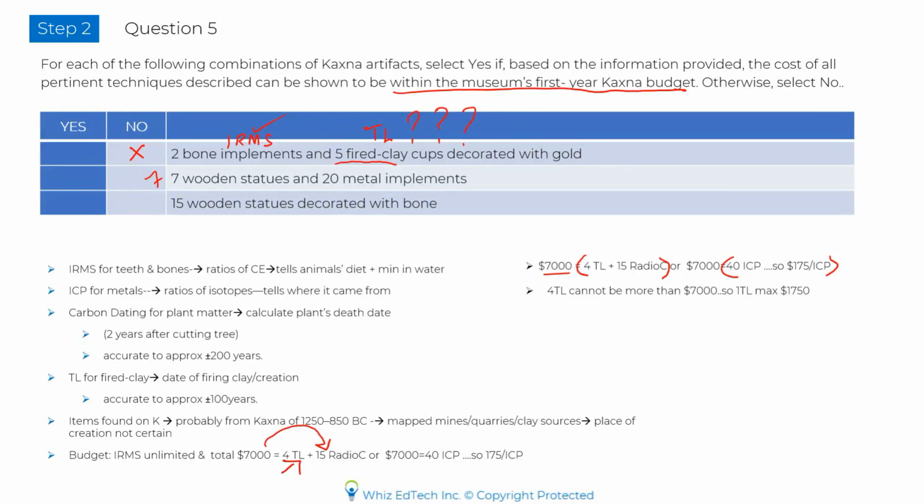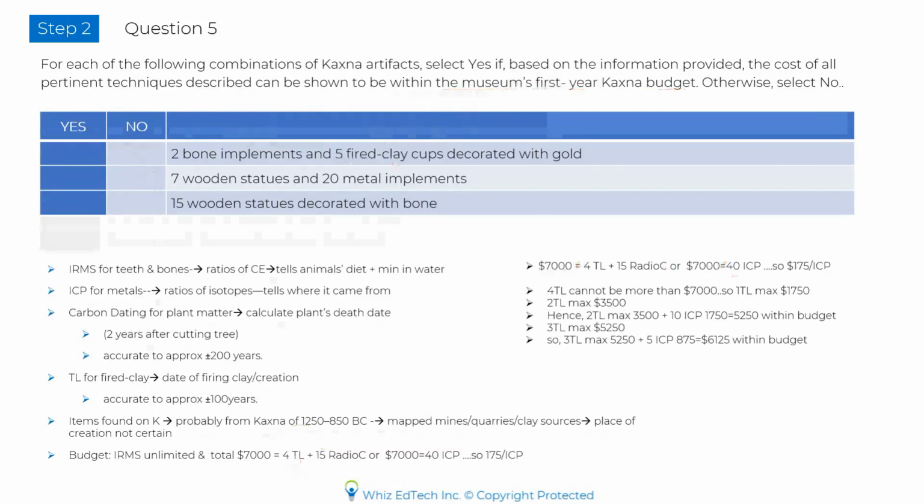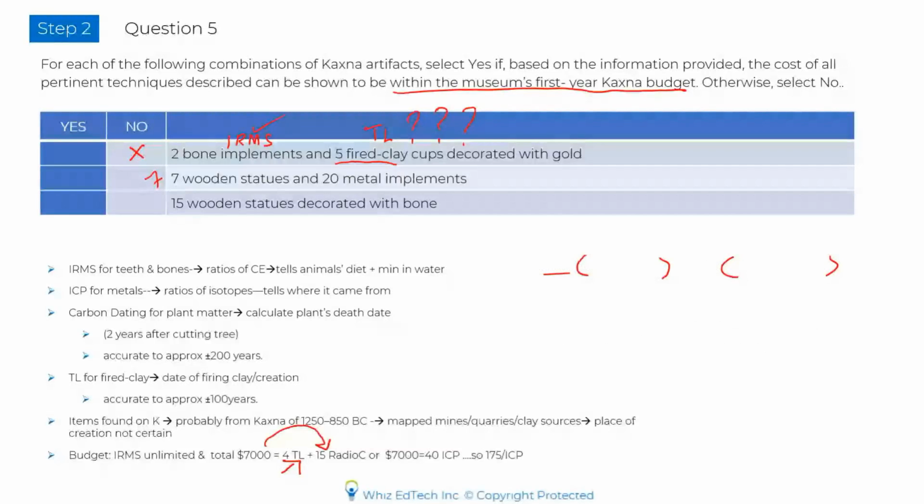So we know that 2 TLs max 3,500. Just a minute. Let me just complete this. 1 second, guys. Yeah, sorry. So 7 wooden statues and 20 metal implements.